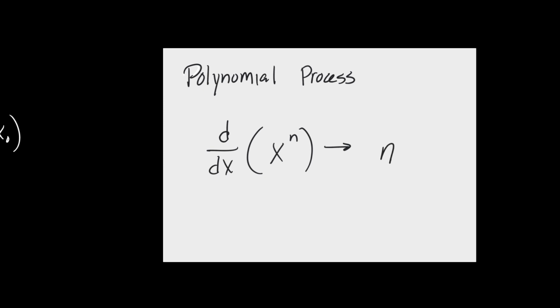The derivative is n times x to the n minus 1. This is the polynomial process. Okay, that is the process. We'll have a different process for different functions. That is the process here. Okay? So you're just bringing the exponent down in front and subtracting 1 from the exponent. You do it one time.